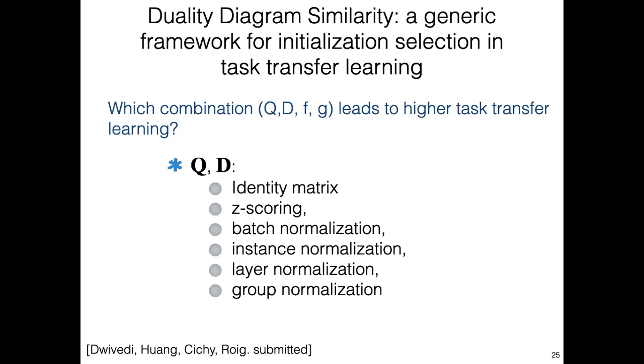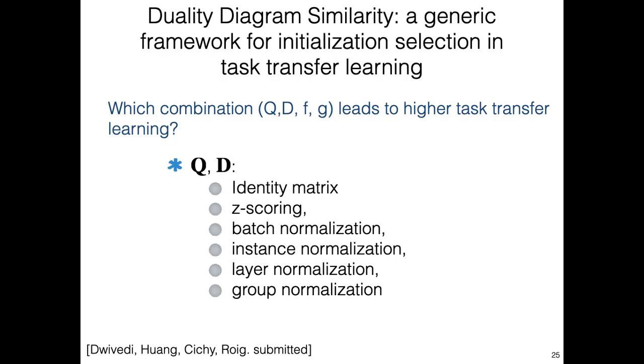So now that we can see that we can pose both RSA and CKA as particular cases of DDS, we can really explore other combinations of Qs and Ds and Fs and Gs that can lead to higher task transfer learning performance. So maybe higher similarity leads to better transfer learning performance, which indeed is what we find.